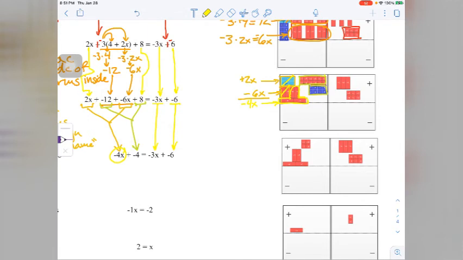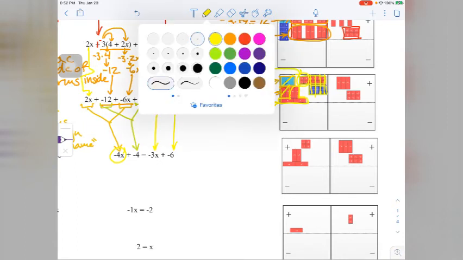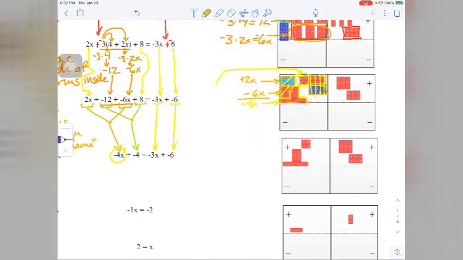And so these two, -2 and +2, cancel each other out once, twice, 3 times, 4 times, and then what I have left is right there. So this is -12 plus 8 equals -4. And that is where we see that -4.